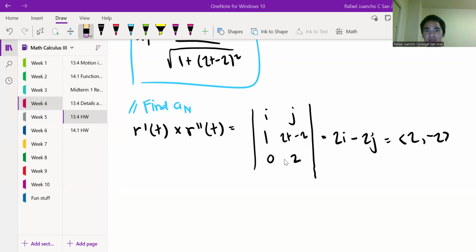Anyway, because it's a scalar. Yeah, you're right. But is it? Okay, I'm gonna check it.